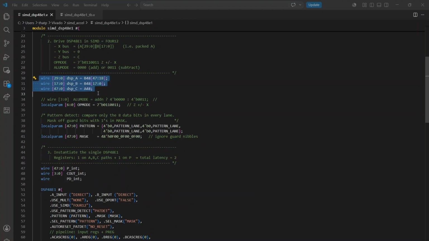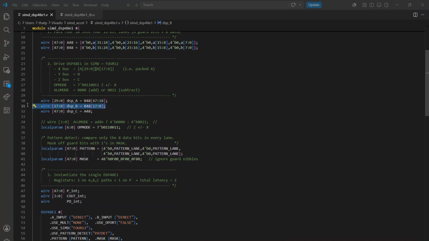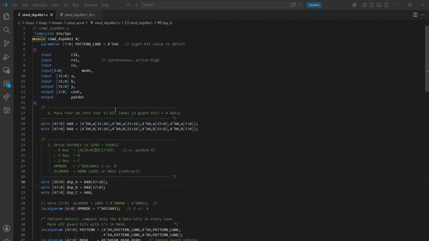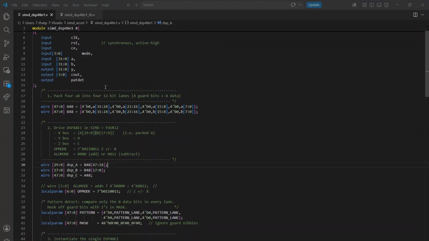This is how I deal with the fact that the A and B inputs get concatenated into the X mux. So I basically just pipe in the entire operand and then take bits out of that. That's the whole reason that I did this module. I haven't connected it up with the microblaze yet because that's tutorial 3.